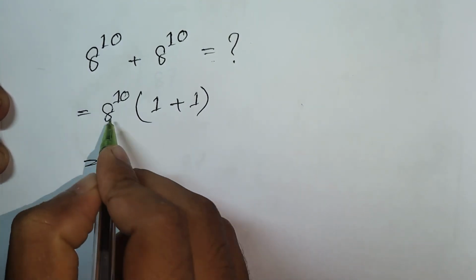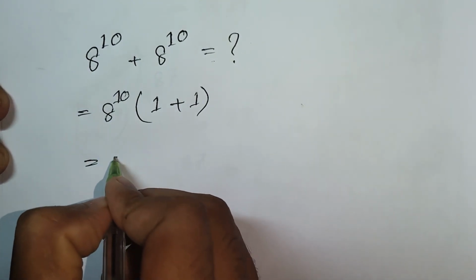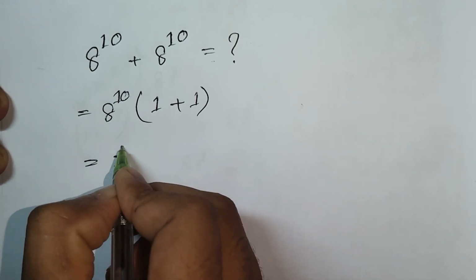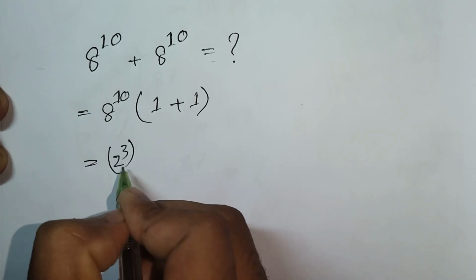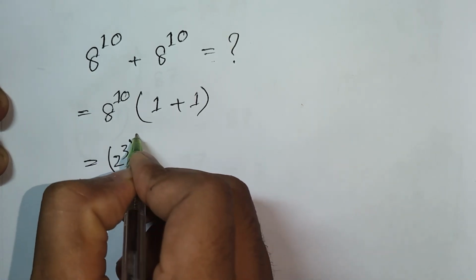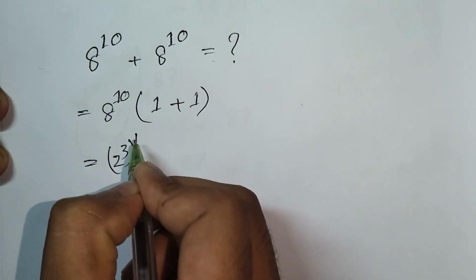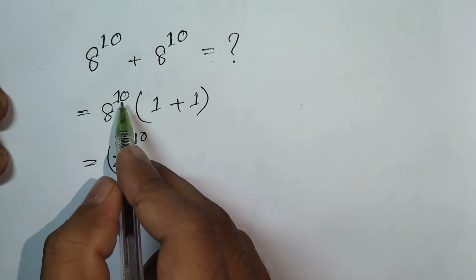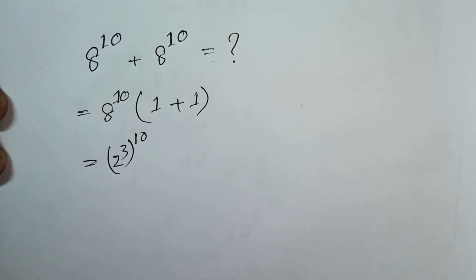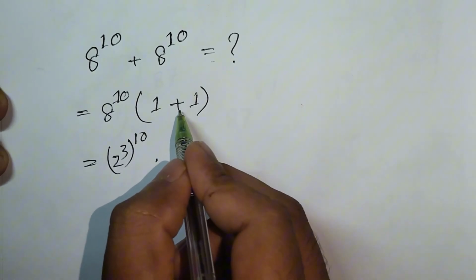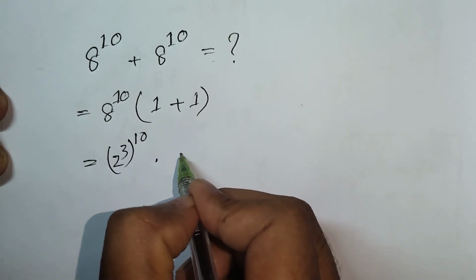So 8 power 10 is same as 2 power 3 bracket 10, that is 8 power 10 times 1 plus 1, that is 2.